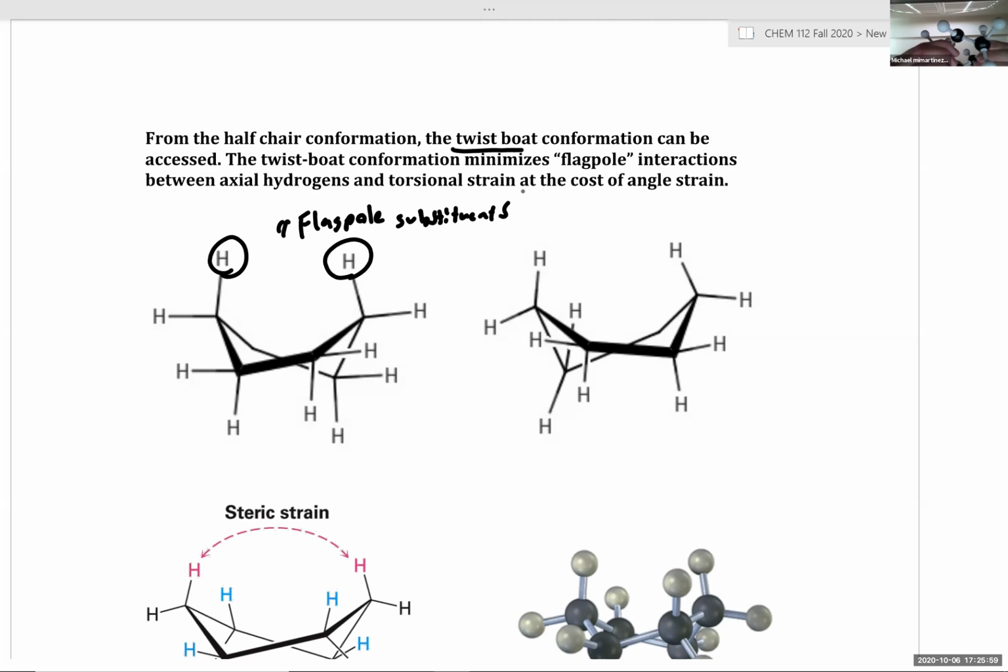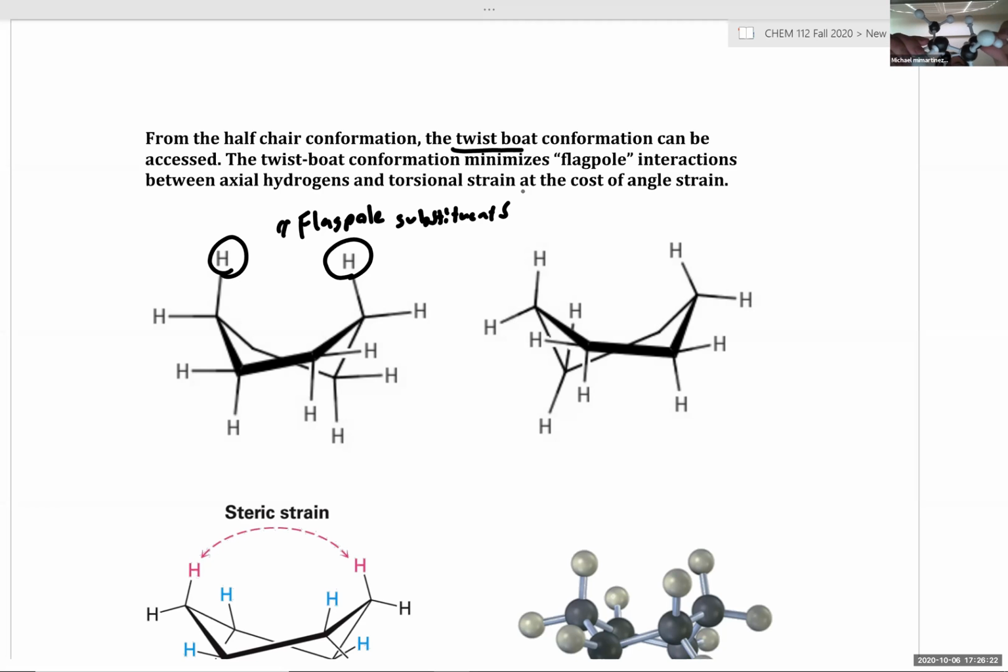Now, rather than adopting a formal boat conformation, which looks something like this, instead, we're going to adopt the intermediate Twistboat conformation, which looks something like this.